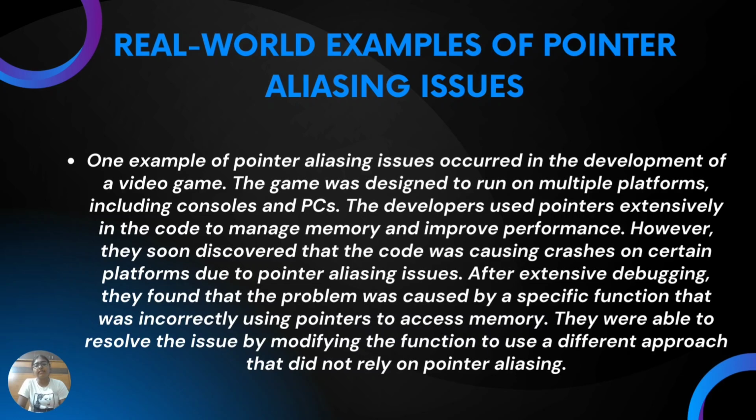However, they soon discovered that the code was causing crashes on certain platforms due to pointer aliasing issues. After extensive debugging, they found that the problem was caused by a specific function that was incorrectly using pointers to access memory. They were able to resolve the issue by modifying the function to use a different approach that did not rely on pointer aliasing.